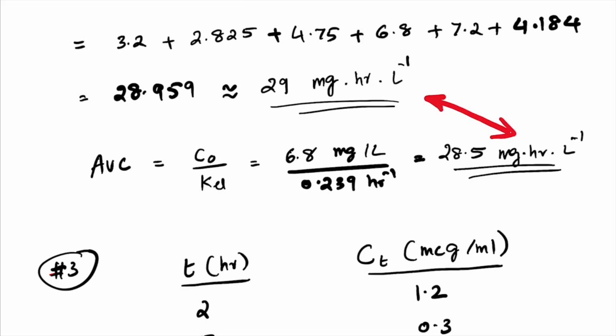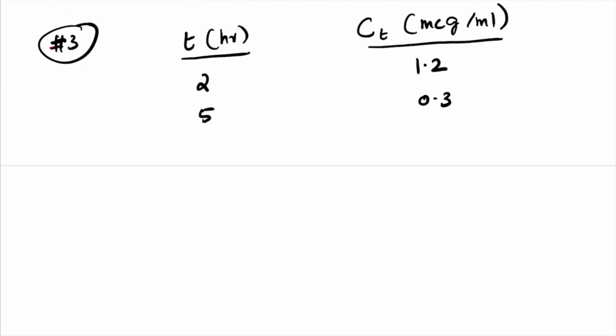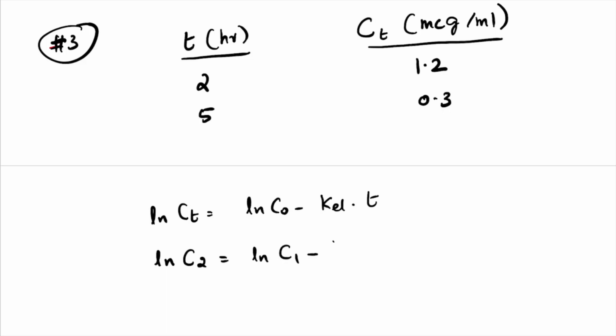So the first part of the problem is to calculate the KEL. Again, you can use the linear form, which is natural log of Ct is equal to natural log of C0 minus KEL times T, which can be adapted to this as natural log of C2 is equal to natural log of C1 minus KEL times T2 minus T1.